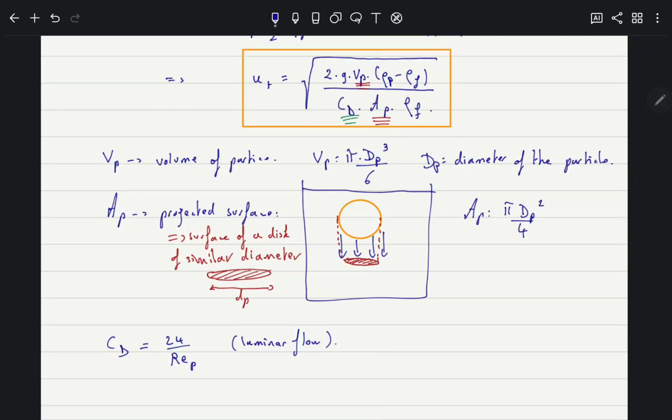We have that linear relationship. And Rep equals fluid density times a length scale, which here will be the diameter of the particle, times a velocity, which will be our terminal velocity, and divided by mu.